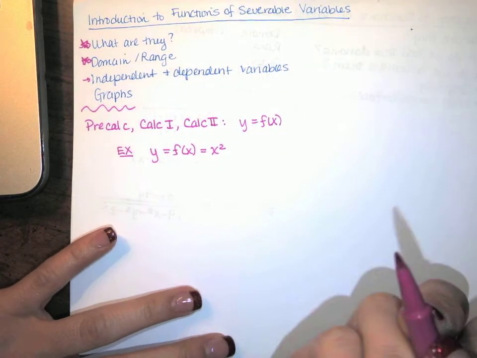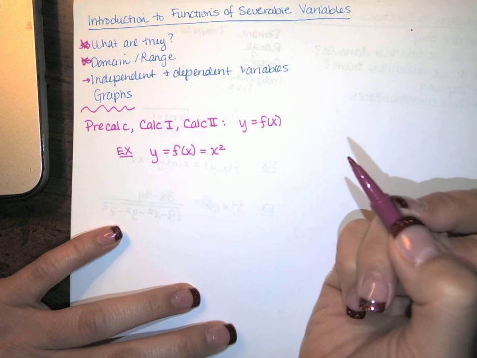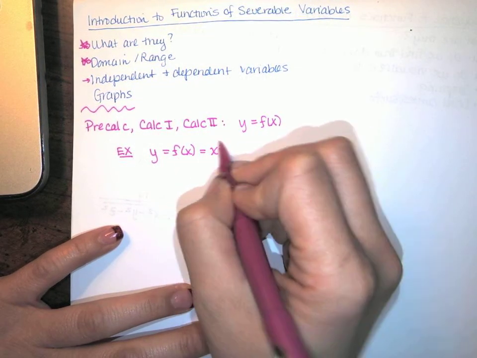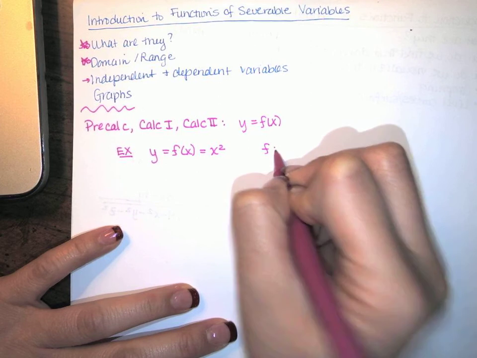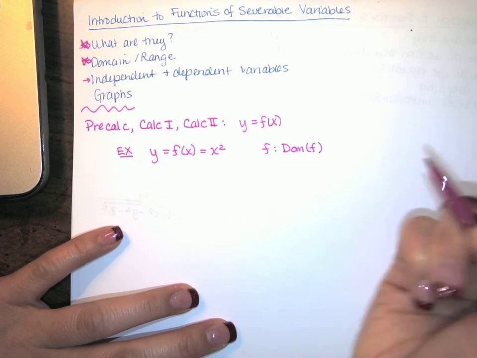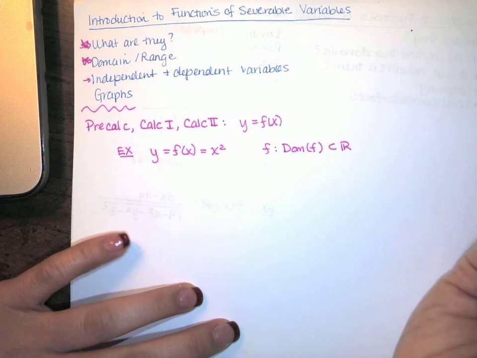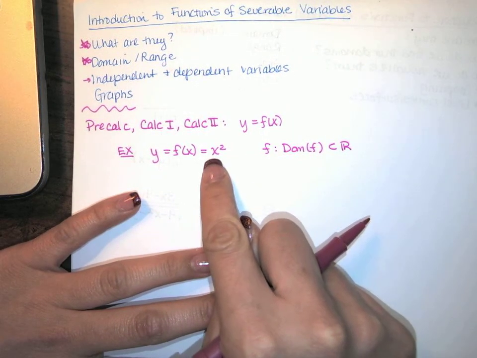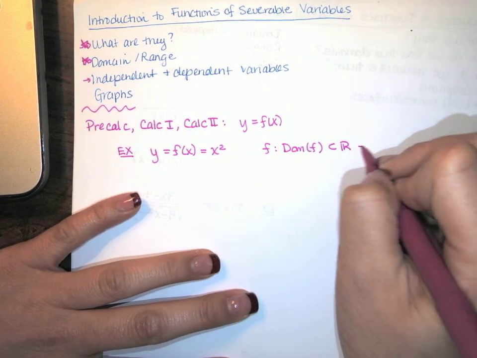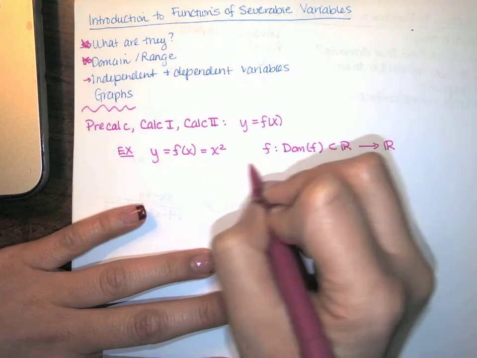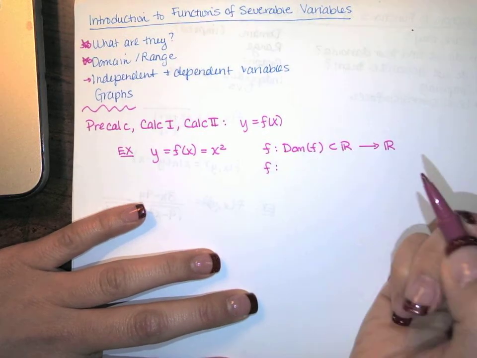Now, what f of x did was it took a real number in the domain of this function, and that was a subset of the real line. So you give me a real number that works, I put it in, and then the output was another real number. So this function was pretty simple.